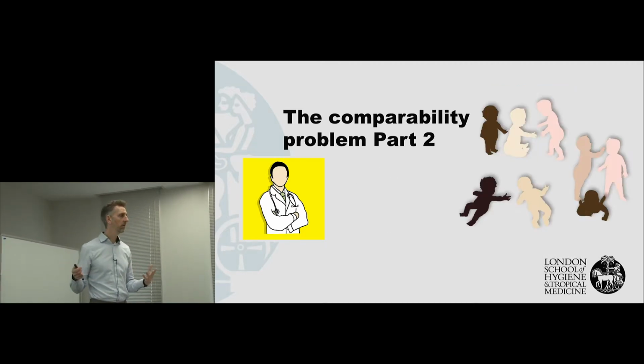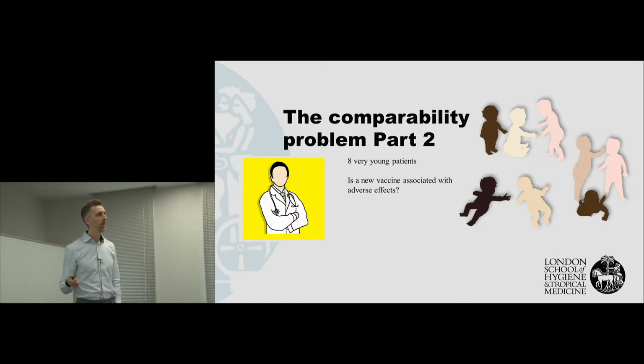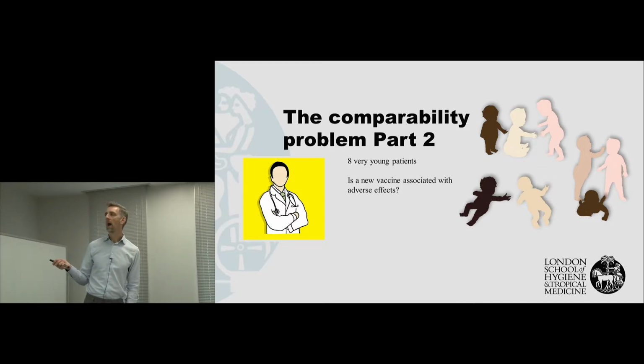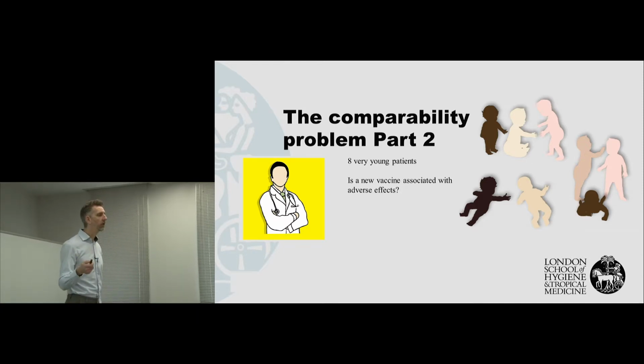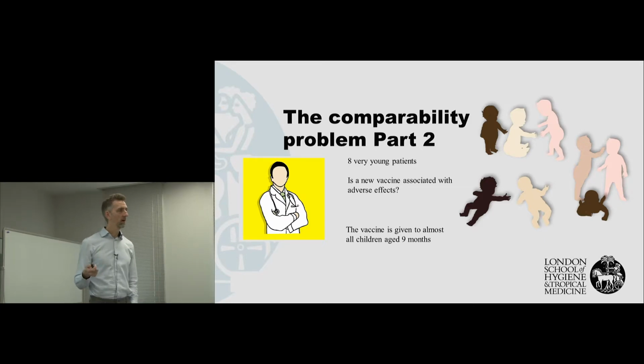Another question that we will often have to think about: let's imagine we have a new vaccine. In this example, we've got 8 very young patients, young babies, and we want to know whether the vaccine is associated with an adverse reaction. Let's imagine the intention is that we give the vaccine to all children.